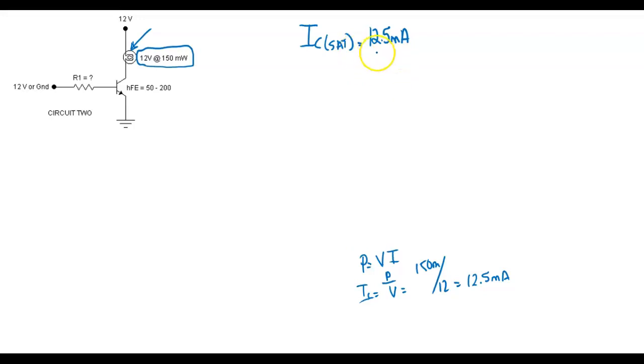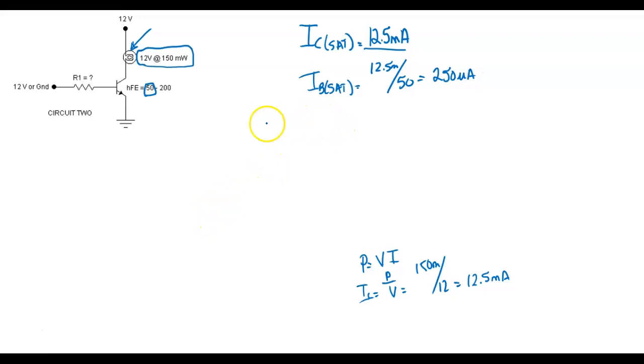Okay, now I've got IC sat. It's 12.5 milliamps. So for IB saturation, we would take 12.5 milli and divide that by 50, because we're using minimum beta, right? Everybody okay there?